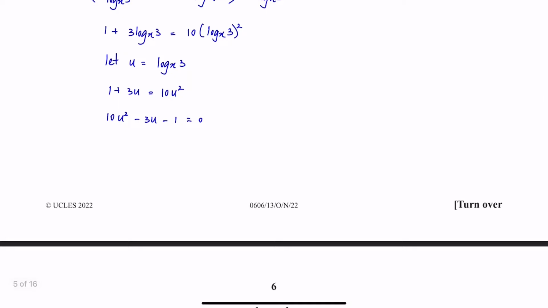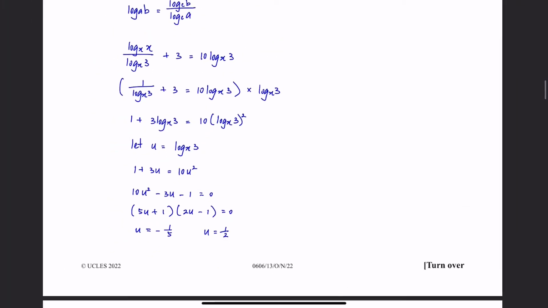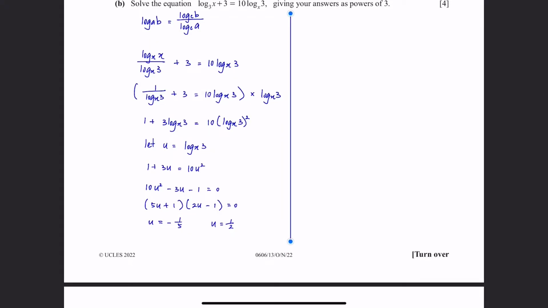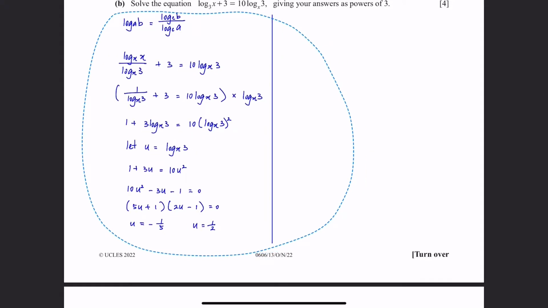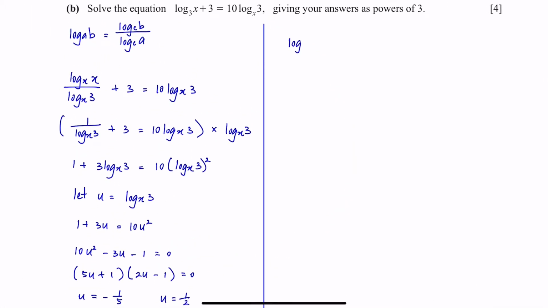So factorize it, we get (5u plus 1)(2u minus 1). So we would have u equals negative 1/5 and u equals 1/2. So we have log base x of 3 equals negative 1/5 and log base x of 3 equals 1/2.